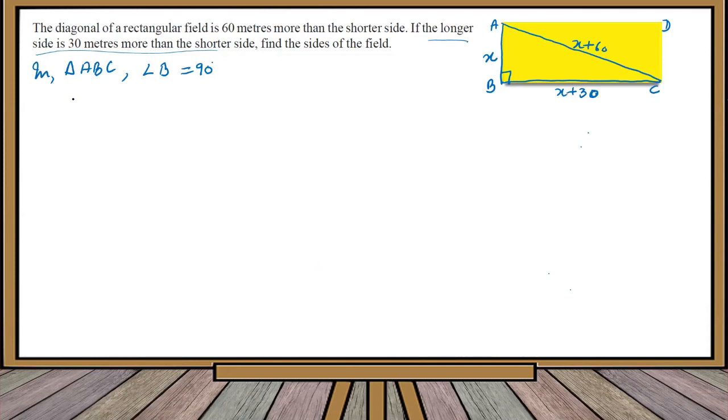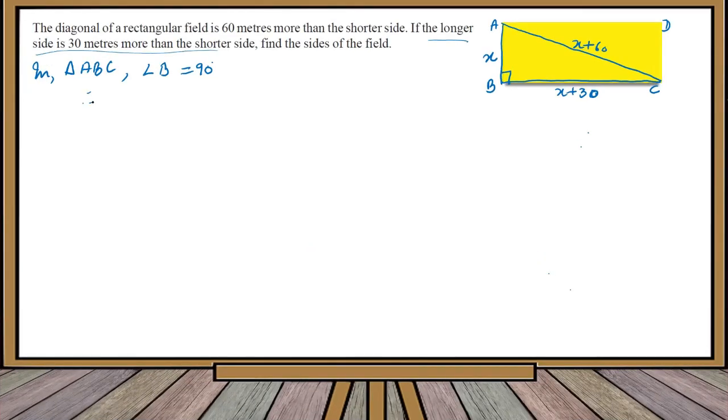So in triangle ABC, angle B being 90 degrees, by Pythagoras theorem, we know that side 1 square plus side 2 square is equal to hypotenuse square. So AB square plus BC square is equal to AC square.